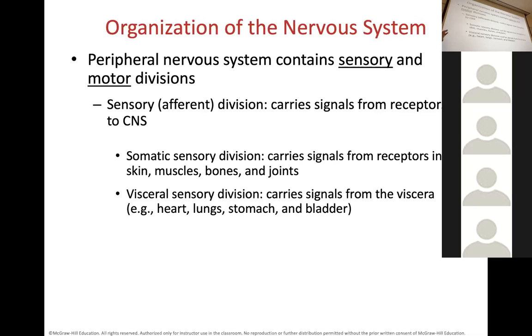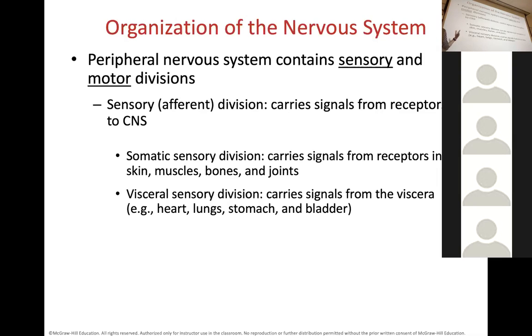The sensory division of the peripheral nervous system has both a somatic and a visceral division within it. So here's where we get into those divisions and subdivisions, getting a little bit complicated. Somatic just means signals from receptors in, say, the skin, muscles, bones, joints. That's where the somatic sensory division mainly resides.